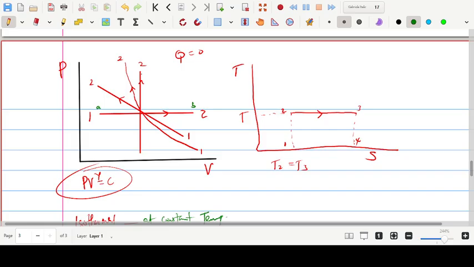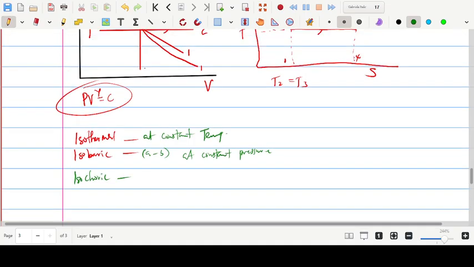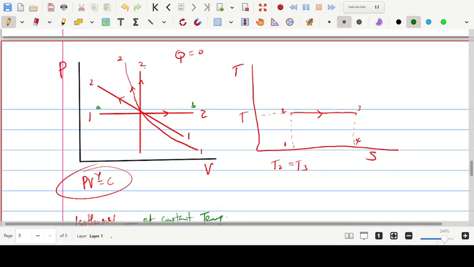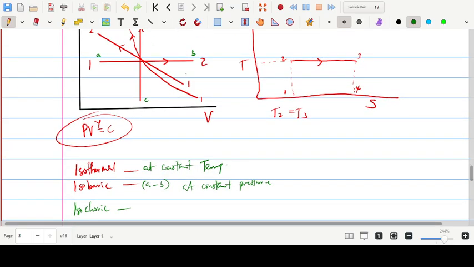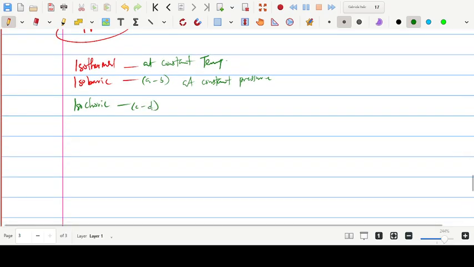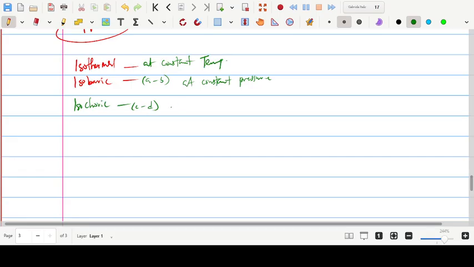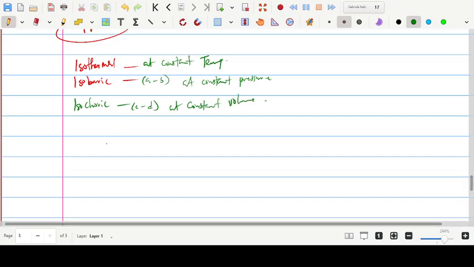The volume did not change, but it occurs at that particular state. Let me call it CD. So C to D is isochoric, at constant volume. Please don't forget, at constant volume is isochoric.